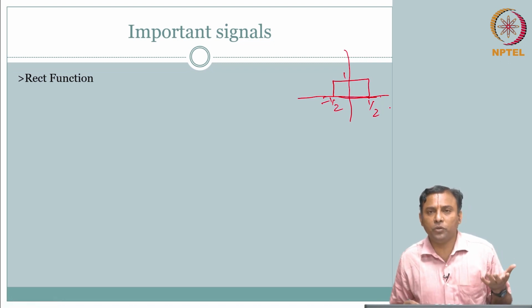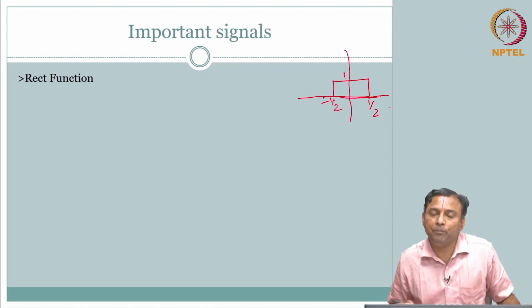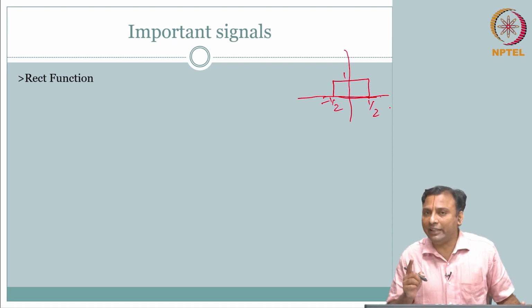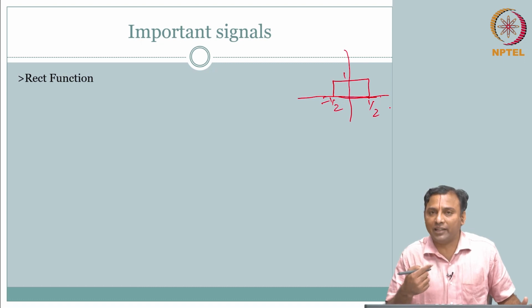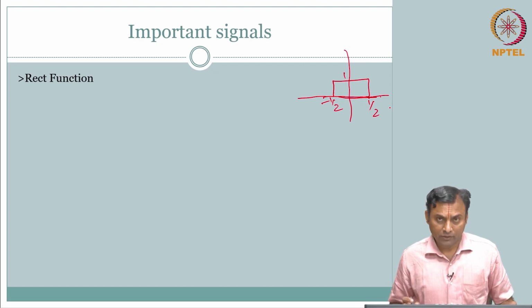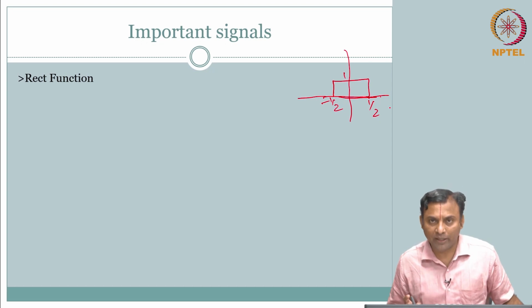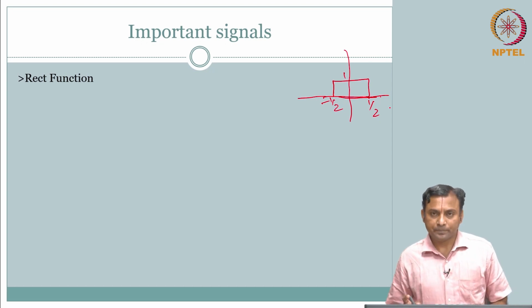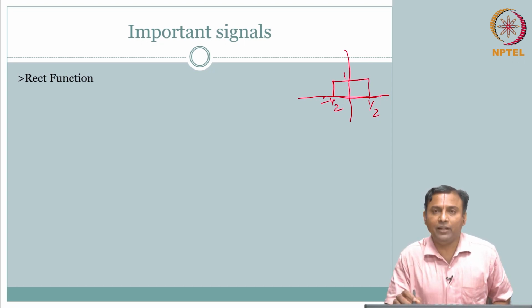So the rect function in 2D is a direct extension. Instead of t, we are now going to use the variables x and y, the spatial variables, right. So the rect function is going to have x comma y, 2 dimensions, and it is going to be 1 over what range?